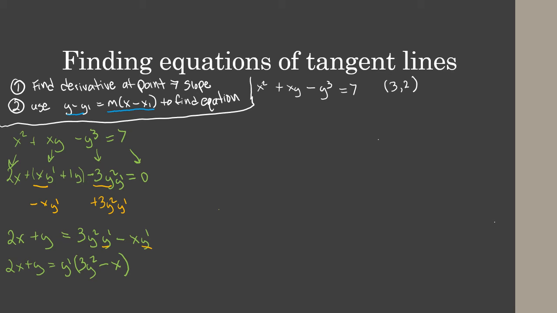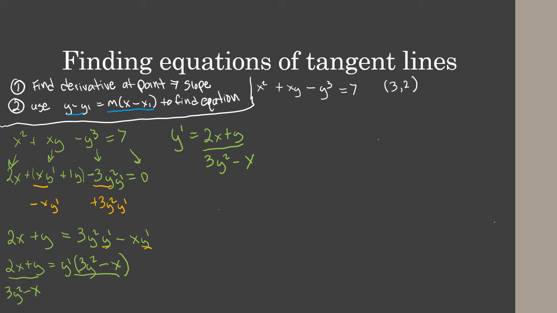Now to solve for y prime, we just divide each side by 3y squared minus x. And that gives us our final answer for the derivative, y prime being 2x plus y over 3y squared minus x.